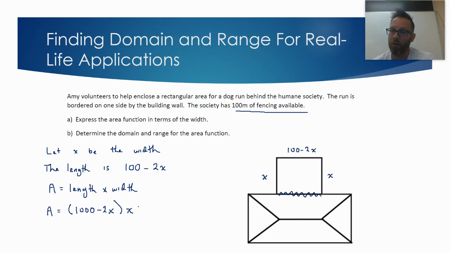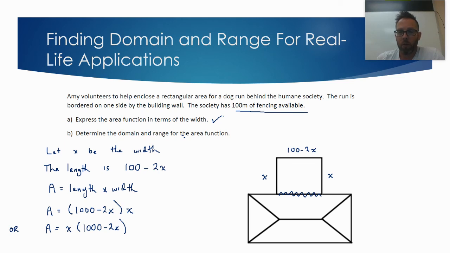And that's a totally legitimate expression, and we can see that it will turn out to be quadratic. You may prefer to write it like this, though. x times 100 minus 2x. So we've done part A. We've expressed the area in terms of the width, which is what it was asking for.